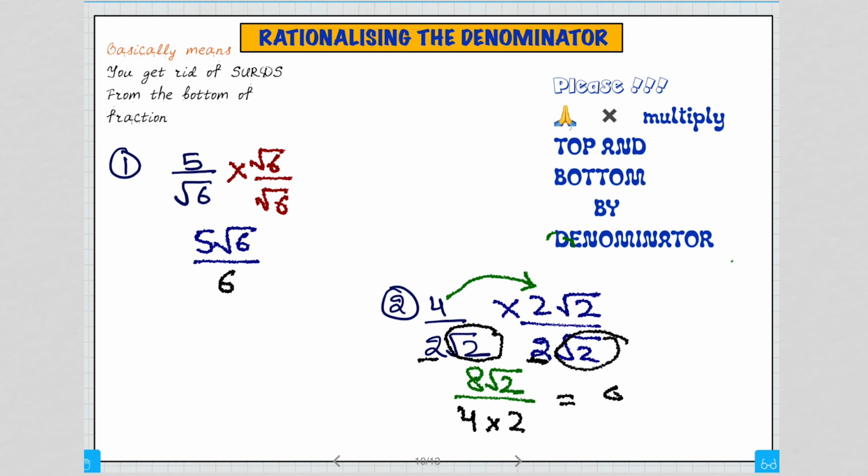Next step is 8 root 2 over 8. If you want, you can simplify it. That gives us root 2 as our answer.